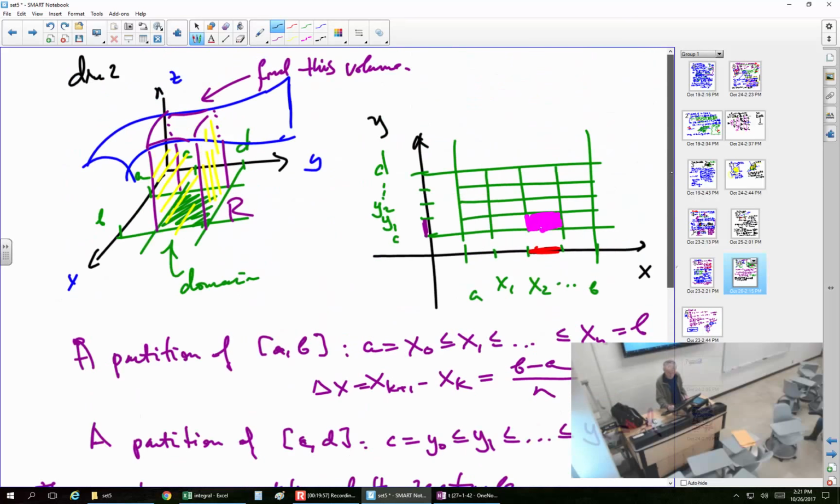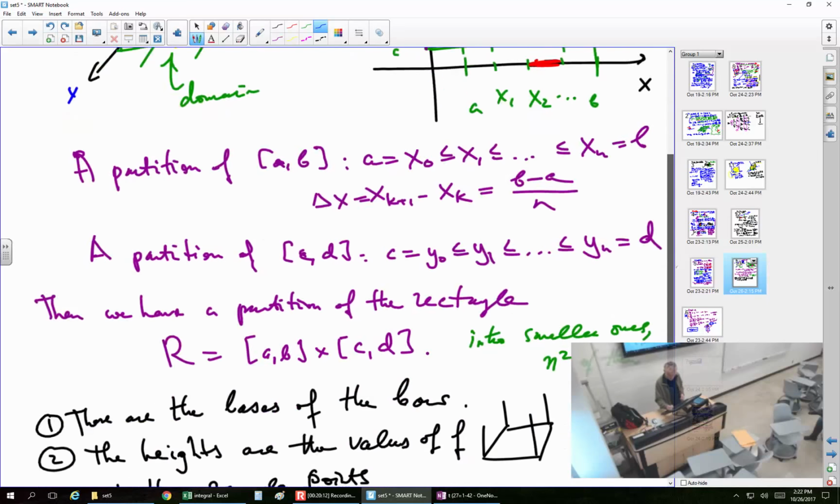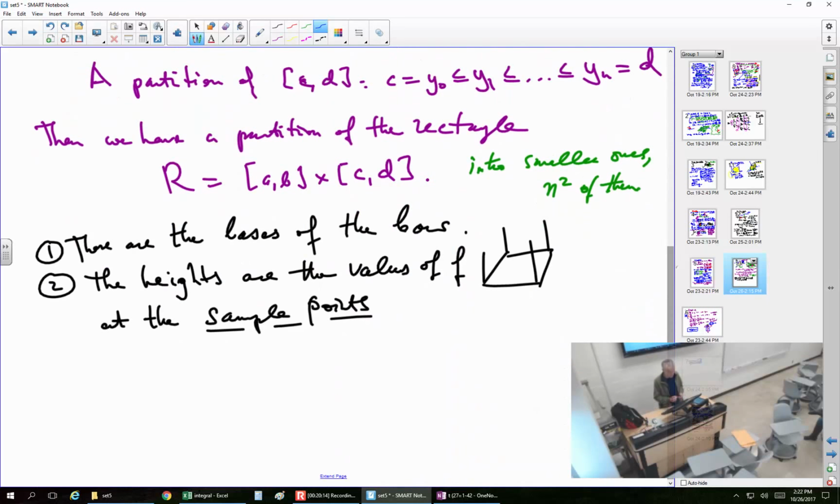I don't think I ever wrote that this is a function, z equal to f of x, y. And how many sample points? One per rectangle. So n squared of them.